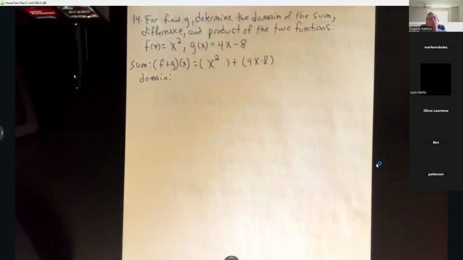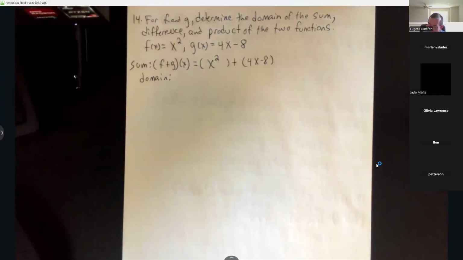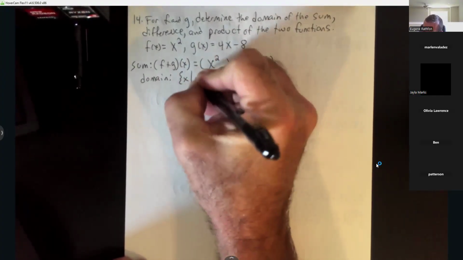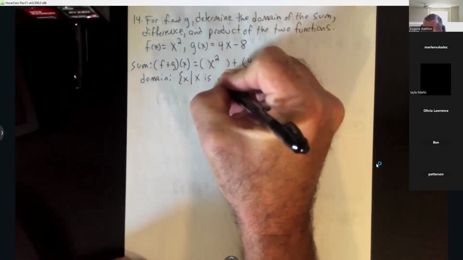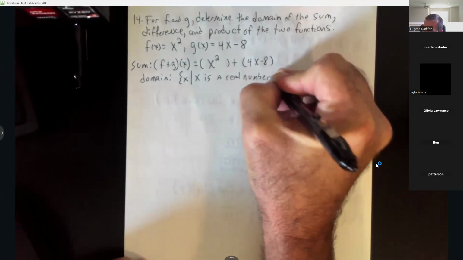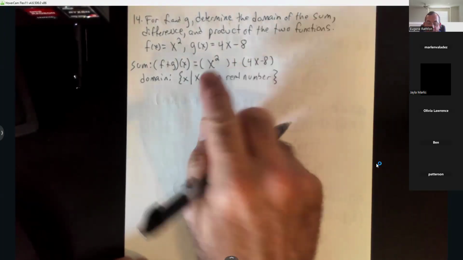So Marlon, you do not see a fraction. So what did we say the domain was if we did not have any fractions? Perfect. The domain would be x such that x is a real number. No restrictions on that one at all.